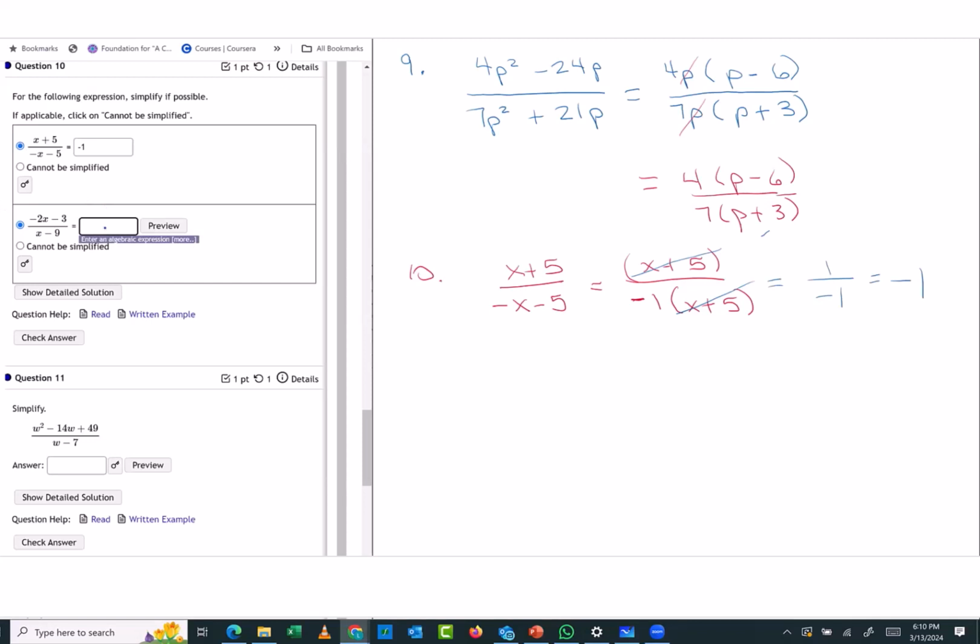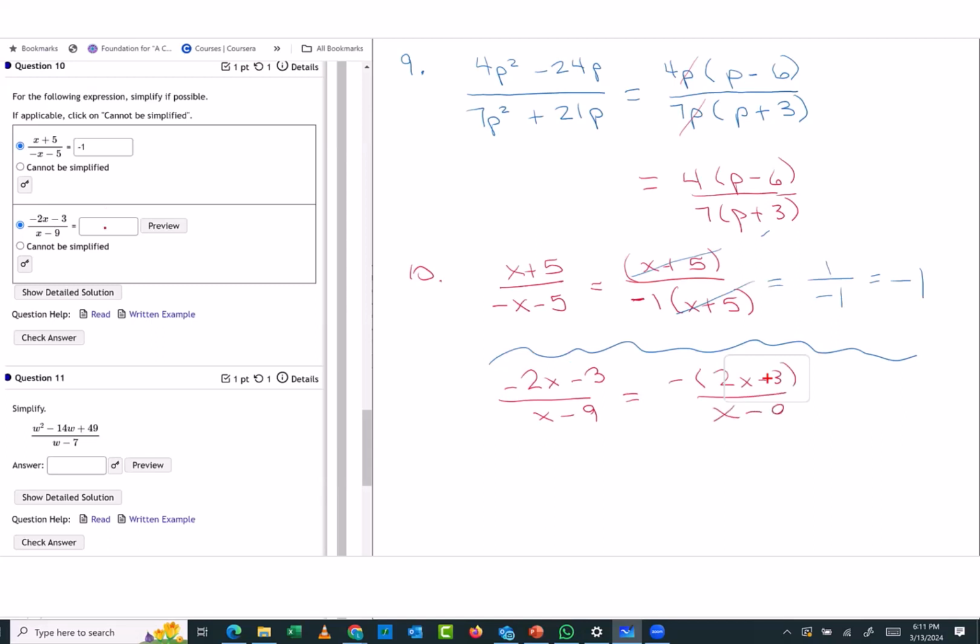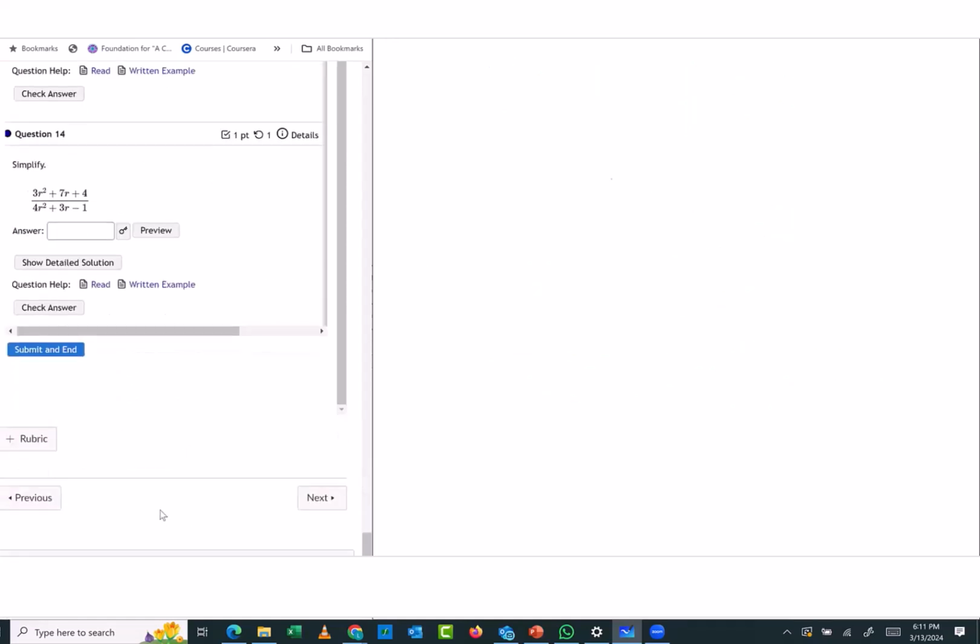For the second part, I have negative 2x minus 3 divided by x minus 9. Well, in the numerator, I only can factor out a negative, which gives me 2x plus 3. And in the denominator, I can't factor anything, which means it cannot be simplified.